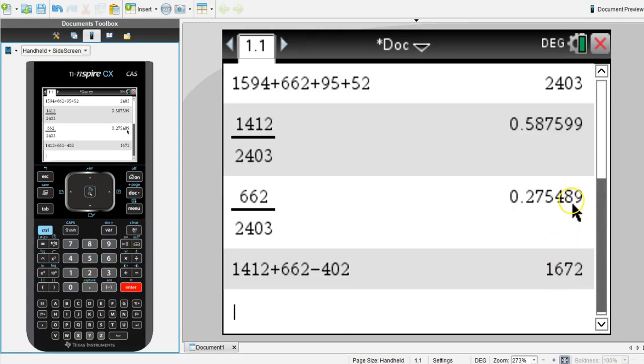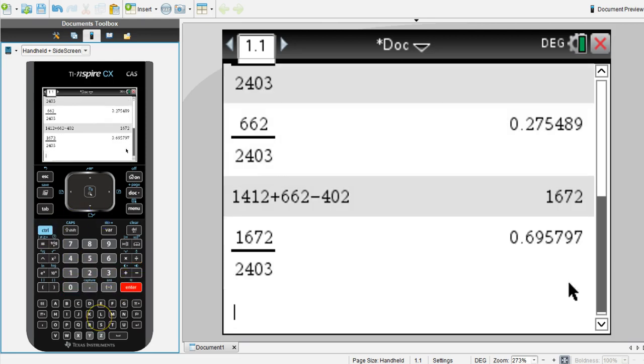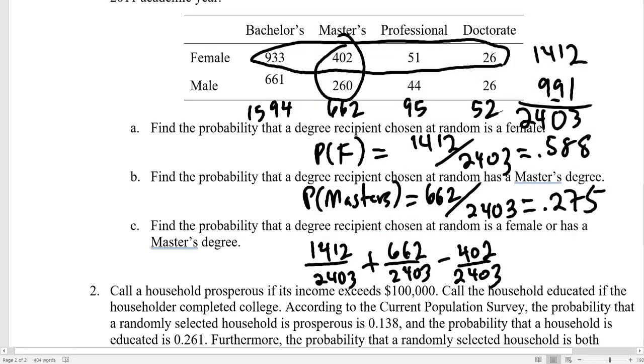So there is 1,672 out of 2403, or 0.696.